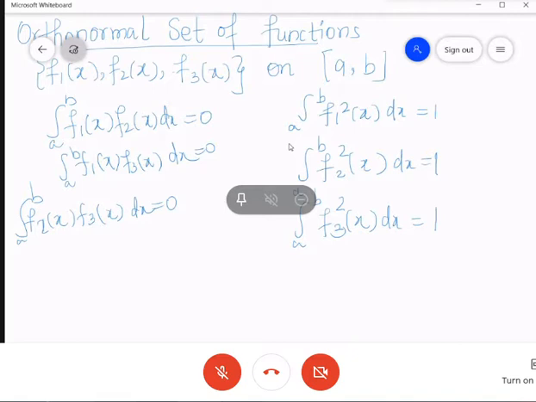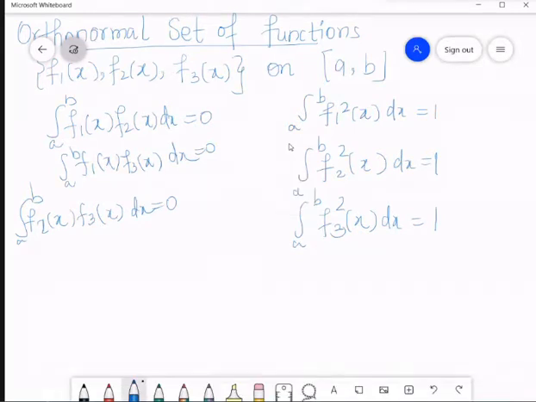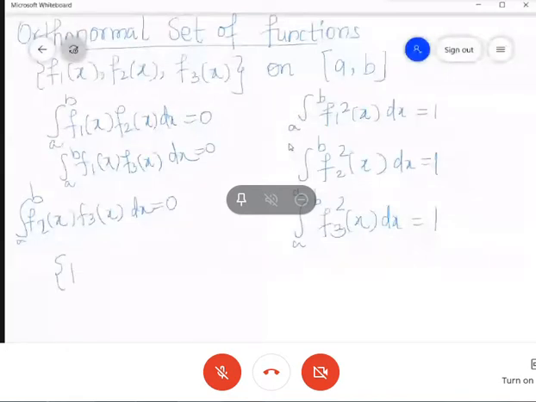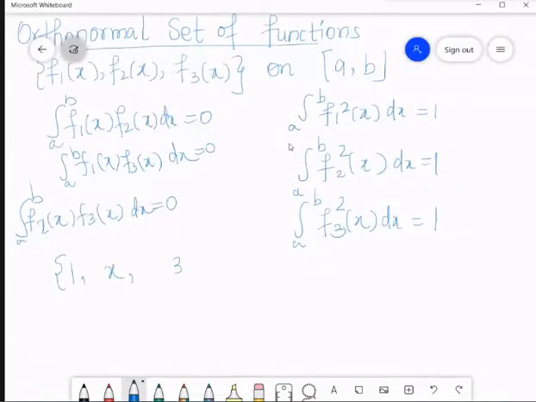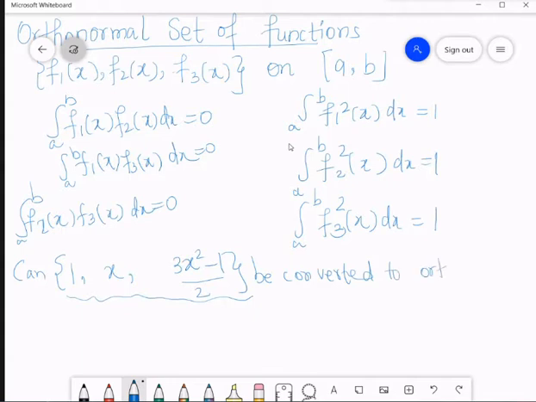So let us see if we can convert the previous example. In the previous example we had 1, x and (3x square minus 1) divided by 2. Can this be converted to an orthonormal set?